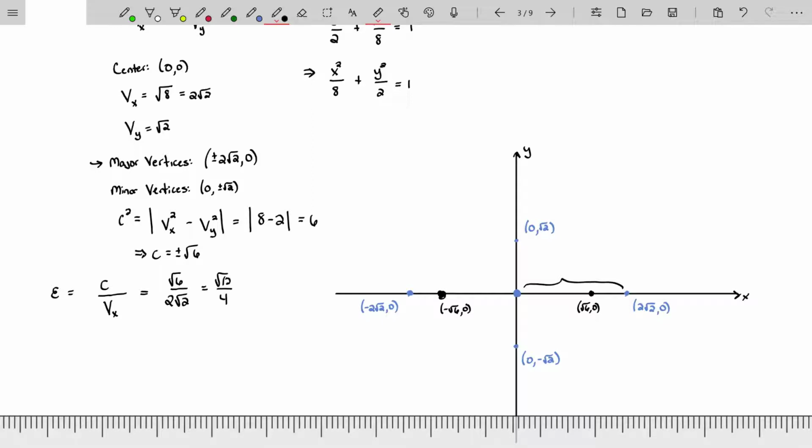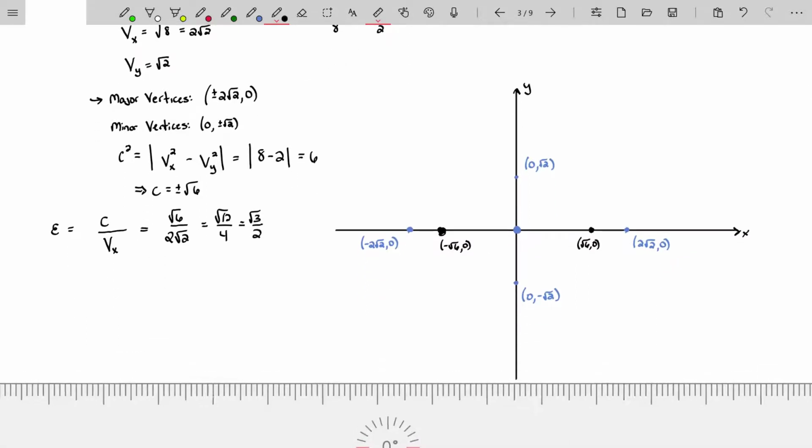And that would be 2 root 3 over 4 or root 3 over 2. There you go. So that is the eccentricity, root 3 over 2. And the eccentricity tells us how oblong this ellipse is. We'll talk about that in a future discussion. And from this point forward, we just graph it out.